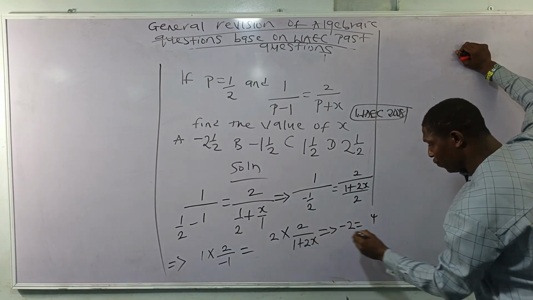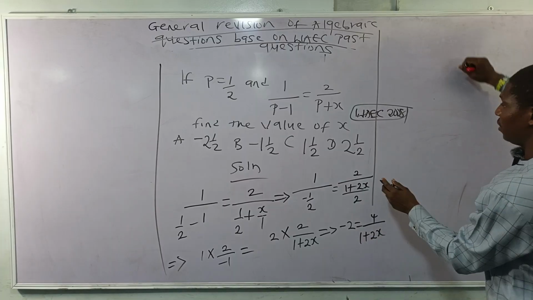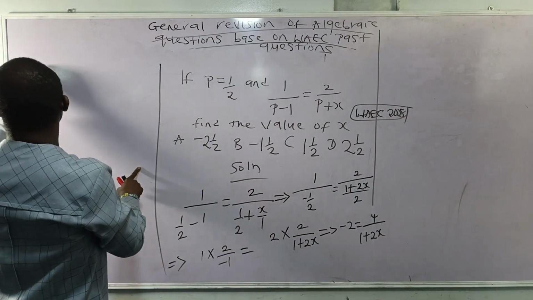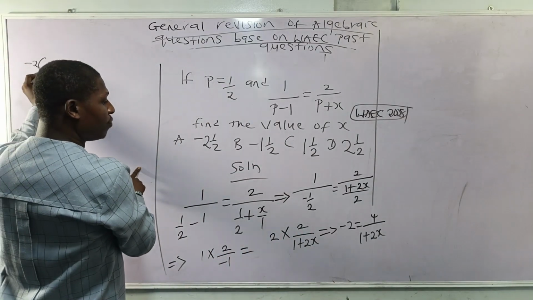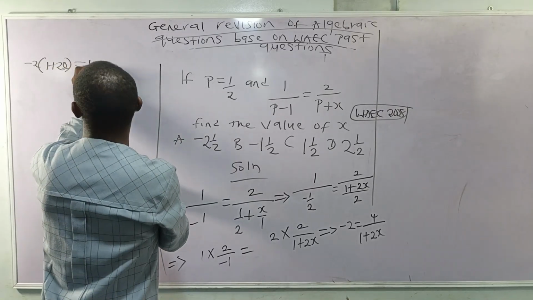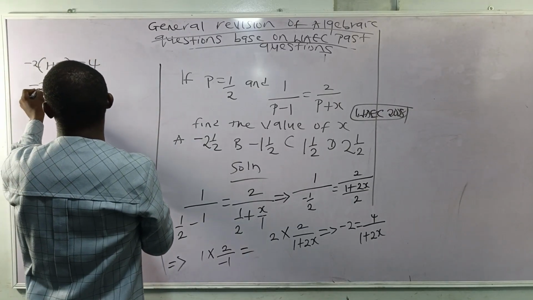2 times 2, 4, all over 1 plus what? 2x. If I cross multiply, I will have minus 2 brackets 1 plus 2x to be equal to what? 4. Minus 2 times 1 will give me minus 2.